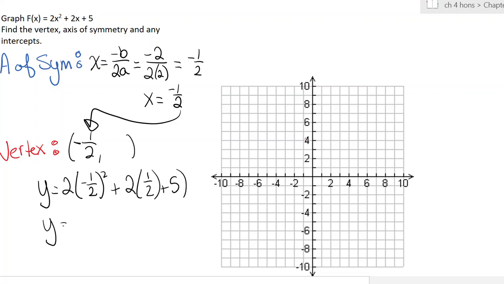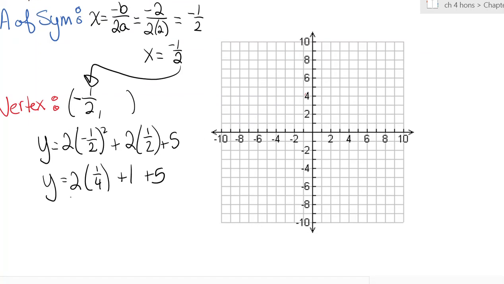So you get y equals 2 times 1/4 plus 1 plus 5. We're going to simplify that down. Y equals 1/2 plus 6, so 6 and a half. So the coordinate point, I'm going to put that back up here, is negative half and 6 and a half.